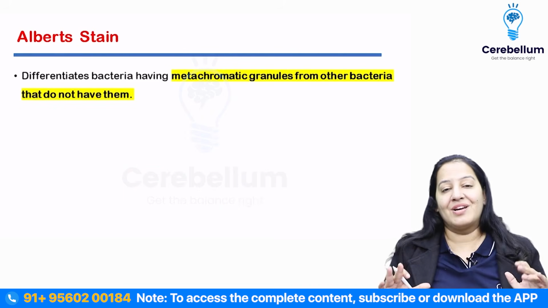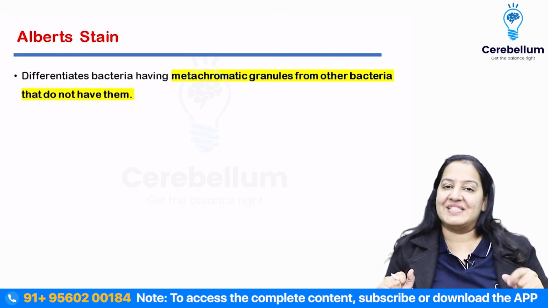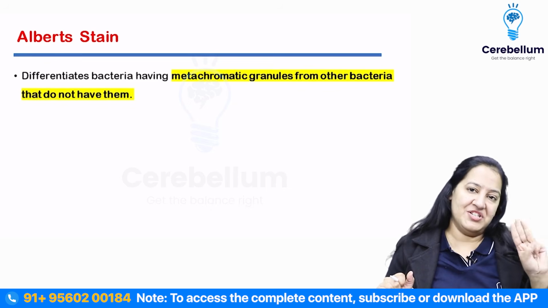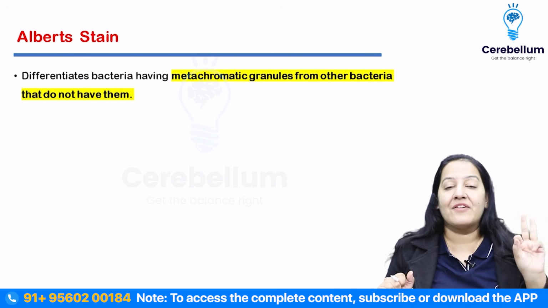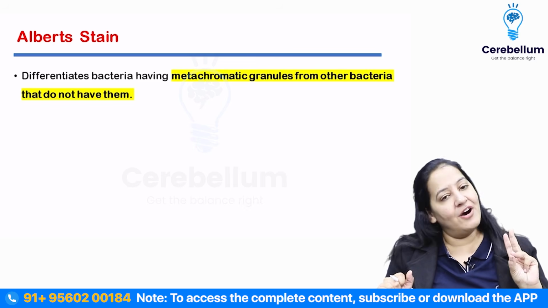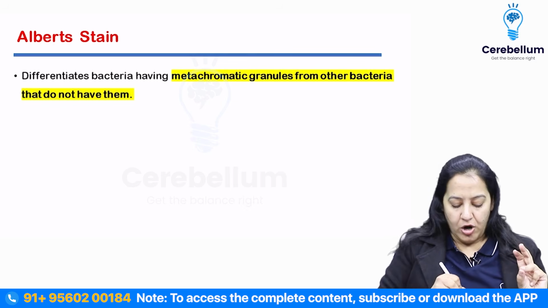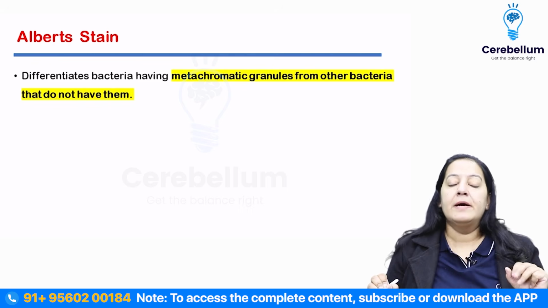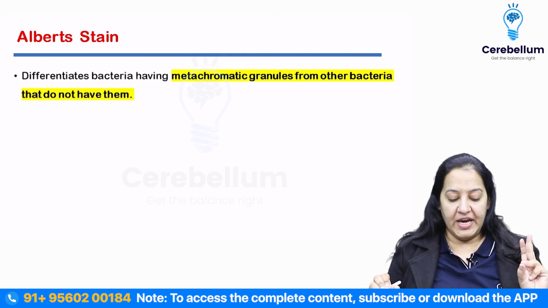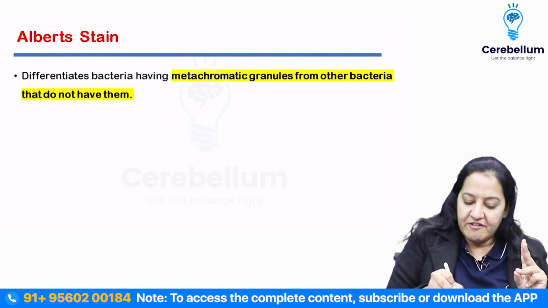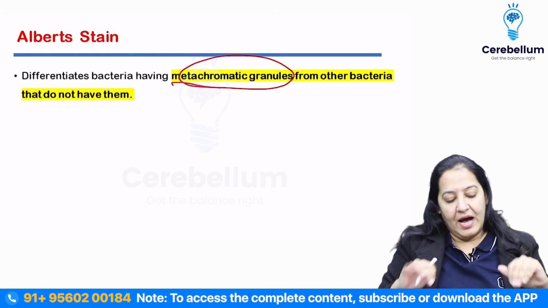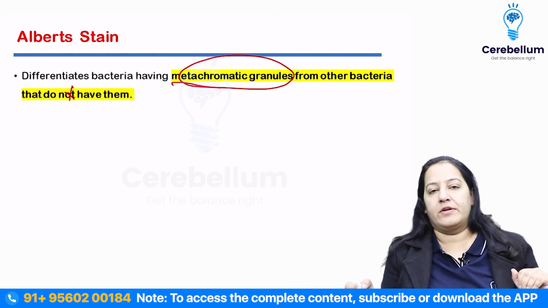Now let's come to the third type of differential stain, the Albert stain. In differential stains, we have three types: the gram stain, the acid-fast stain, and the third one is the Albert stain. So Albert stain differentiates the bacteria which have metachromatic granules from the other bacteria which do not have metachromatic granules.